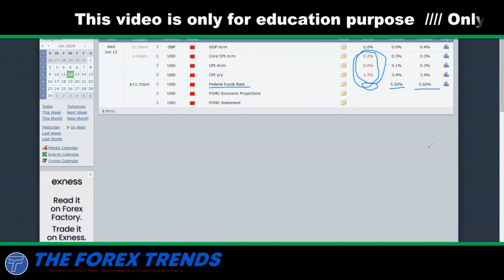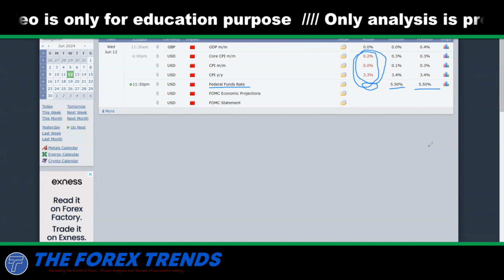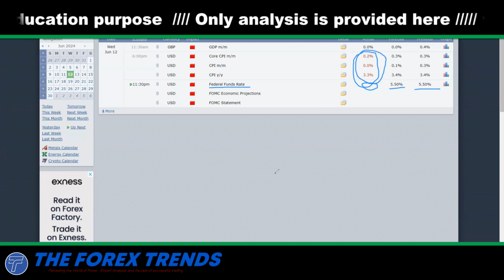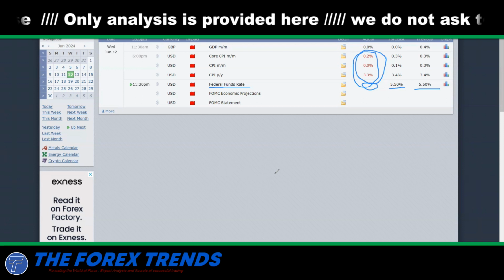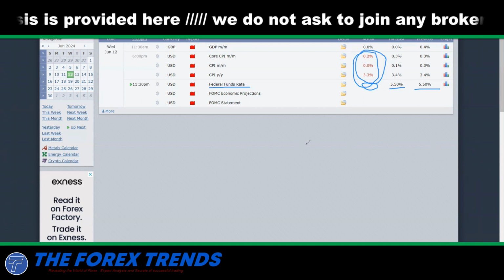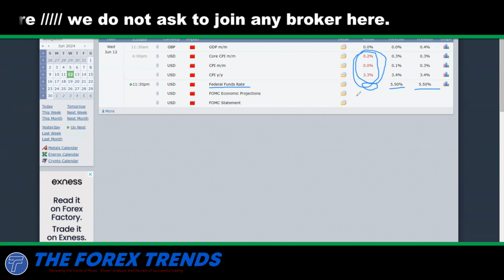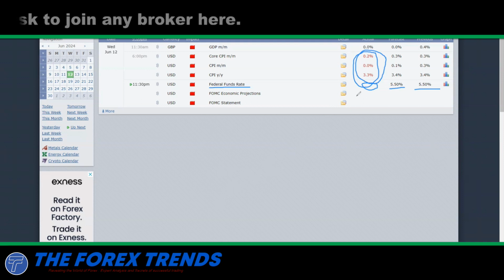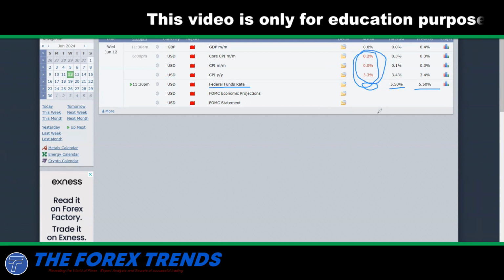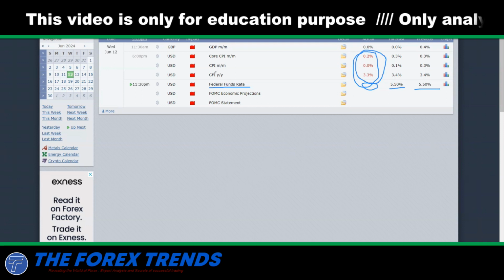So there is a chance tonight Fed members may give us some dovish statement. If they give us any dovish statement, the dollar could become bearish in the long term. Mind this thing, okay, guys.